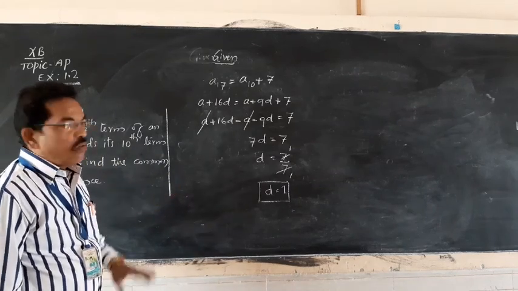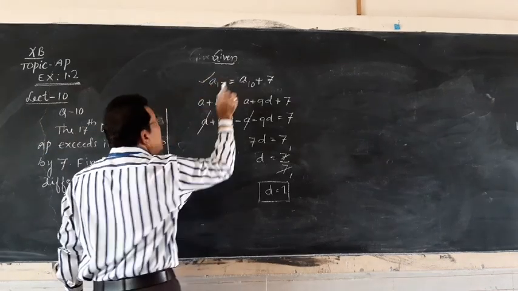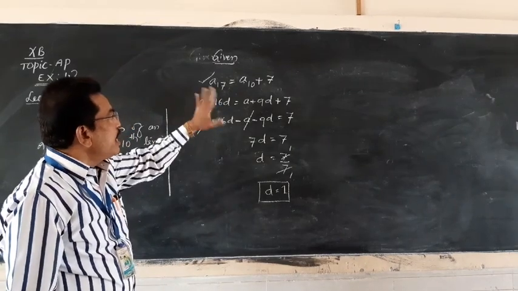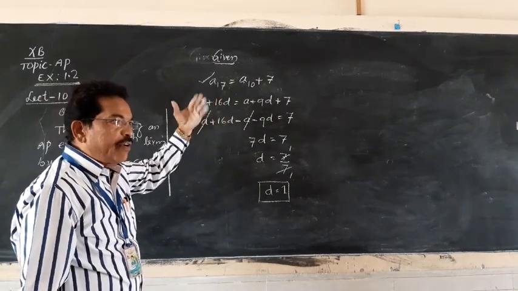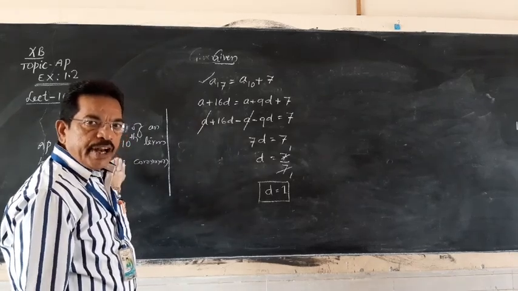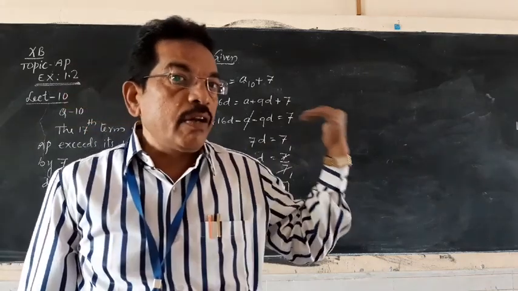Try to understand the meaning of this mathematical expression, the 10th term plus 7. Why have I written it like that? Just go through the problem and try to understand in what way the expression has been transferred.